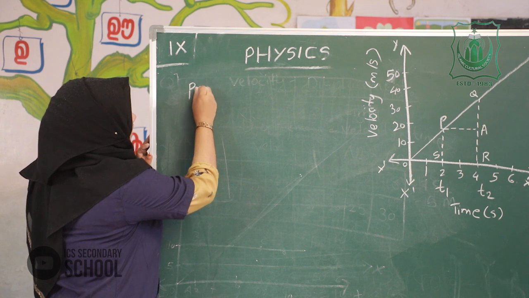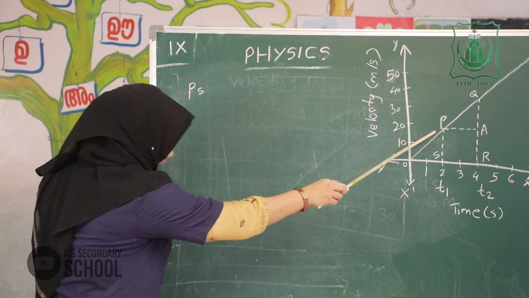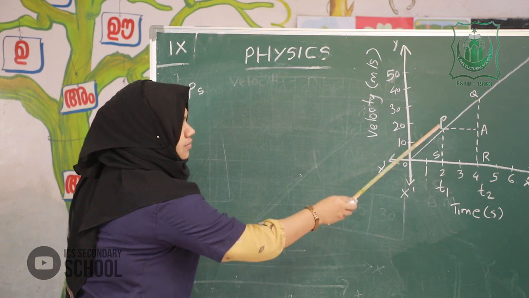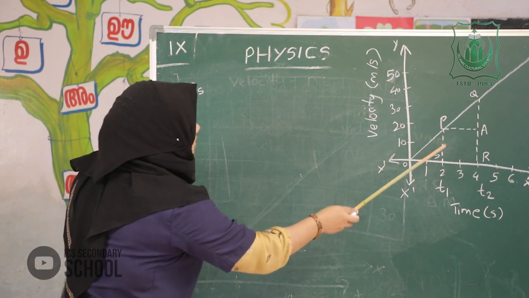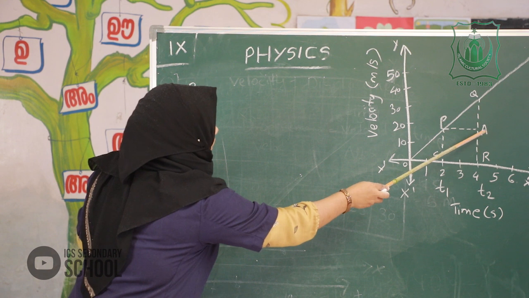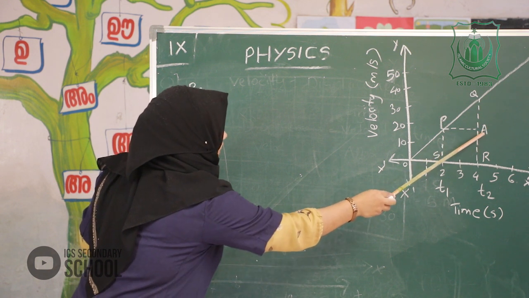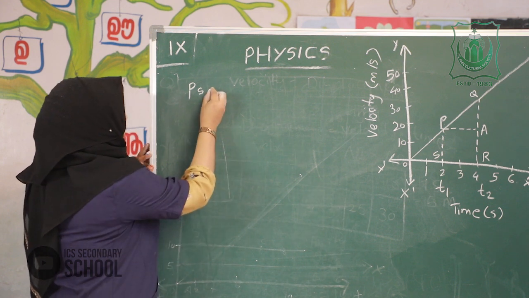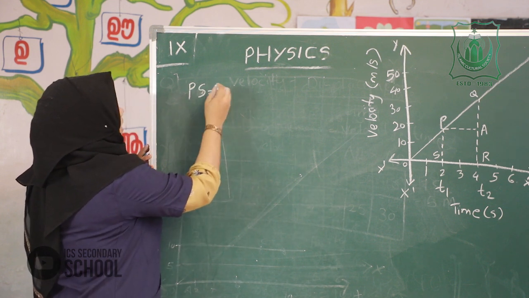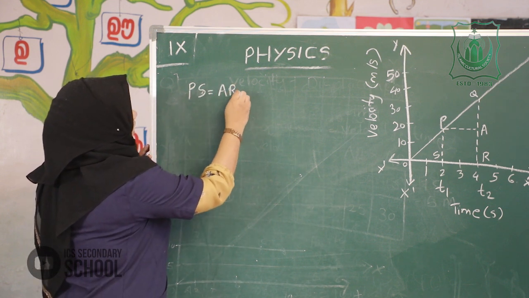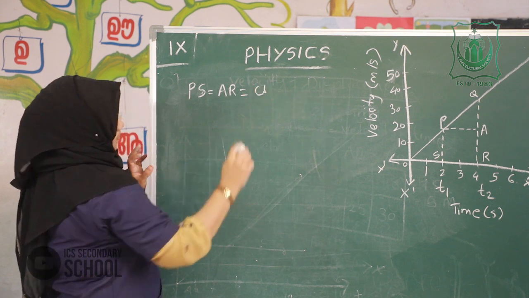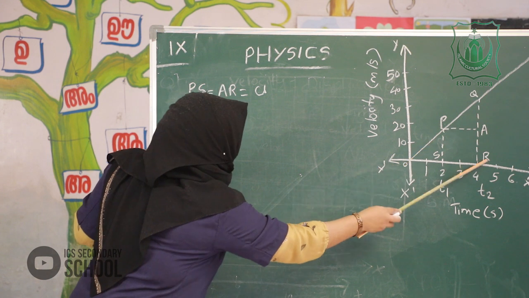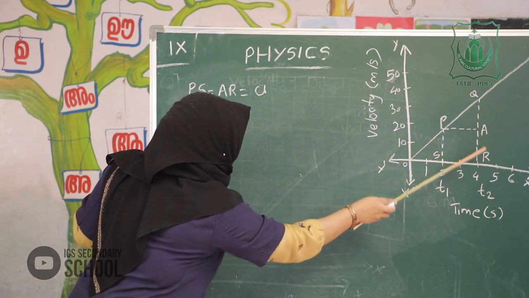Then what is PS here? Here it is said that PS is equal to u. It is the initial velocity. So PS is equal to u, and PS is the same as AR. So PS is equal to AR, that is u. Then what is v here? QR is v here.